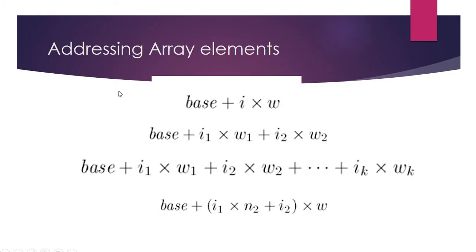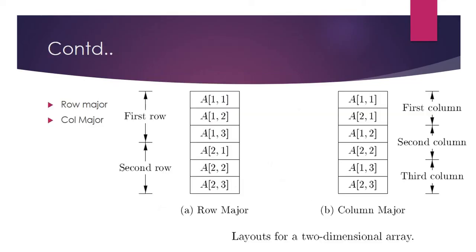So let us move on to addressing array elements. The array elements can be stored in row major way or in column major way. If it is row major way, if you have 2 rows, the first row values will be stored initially, then after that the second row values will be stored.